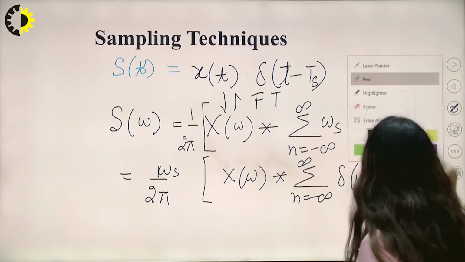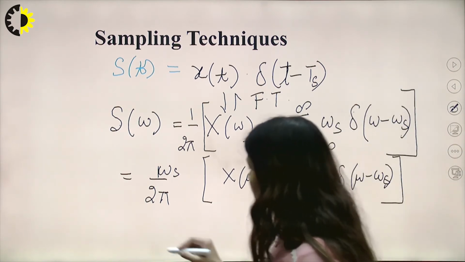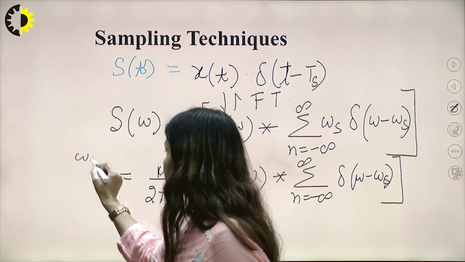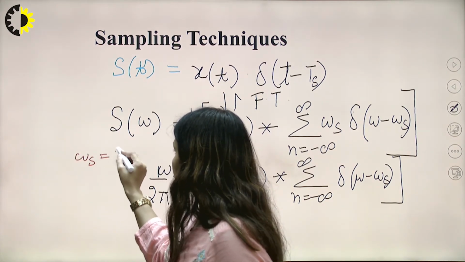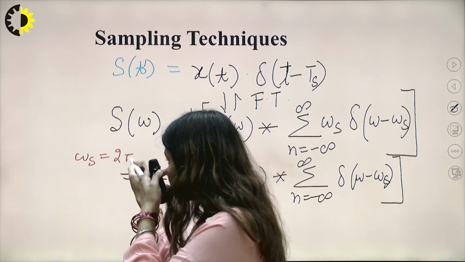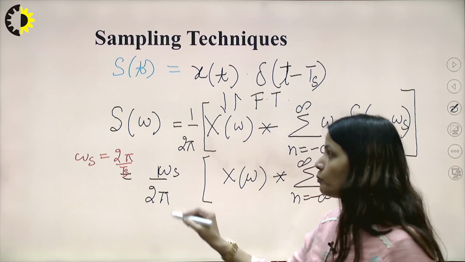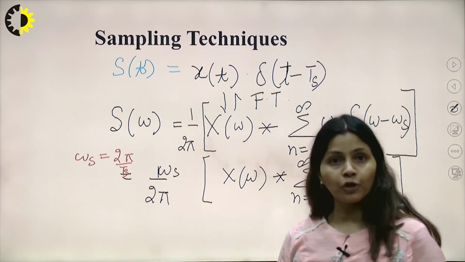So I would like to solve it in general terms. We know omega s is equal to 2 pi upon Ts, so this omega s upon 2 pi will become 1 upon Ts.